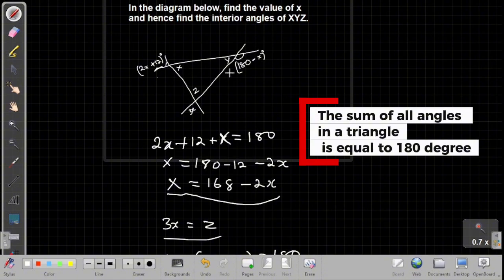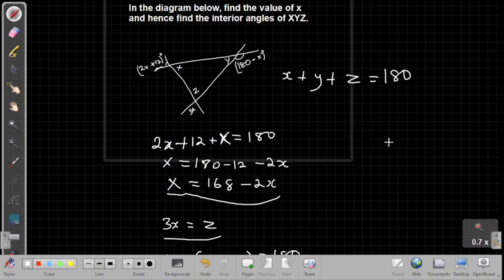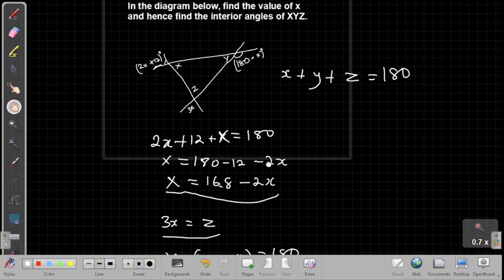So the sum of x plus y plus z is equal to what? 180. That is another law in mathematics. The sum of all angles in a triangle, which is x, y, and z, is equal to 180, and we have gotten their values, right? All the values we get now, we are going to be inputting them into that expression.